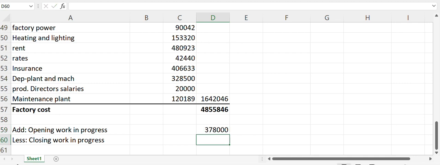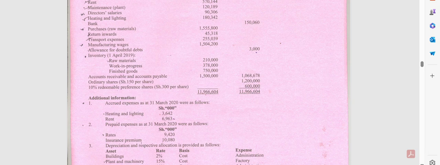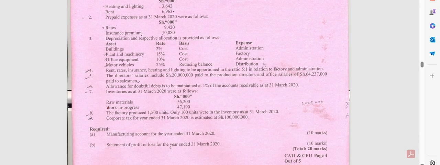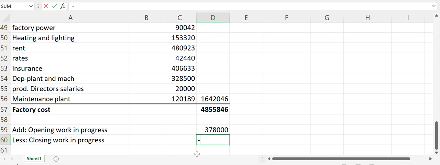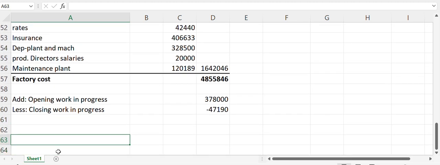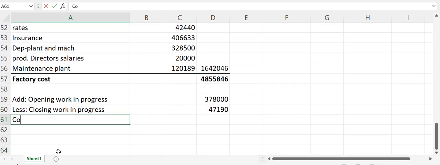Then closing work in progress should be in our additional information number 7, which is 47,190. So this one should give you what we call cost of completed goods.